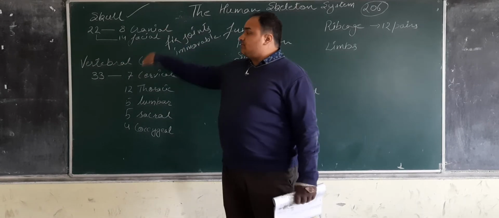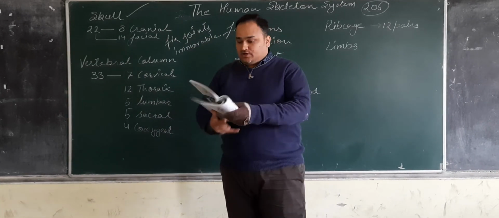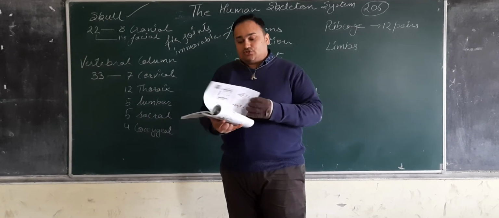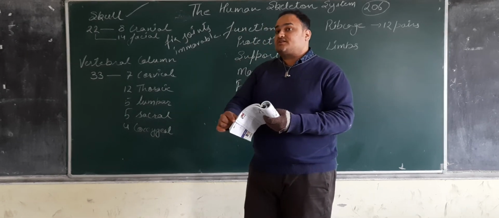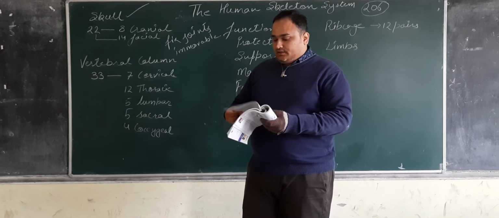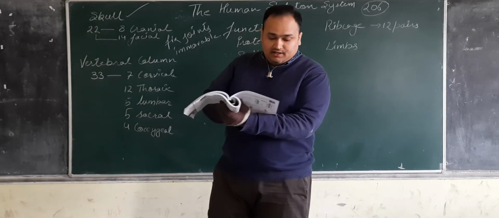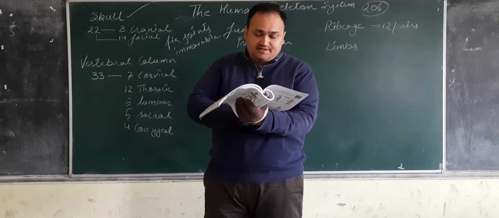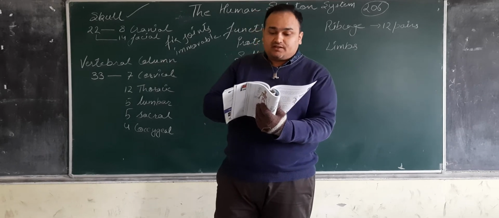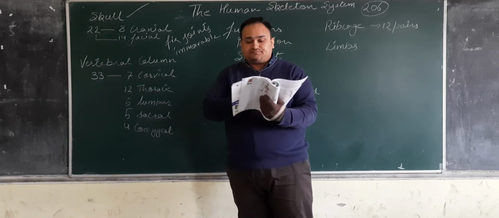Okay, because I started from the skull, I should talk about the joint which our skull and body make. That is when we talk about movable joints. So, the pivot joint.